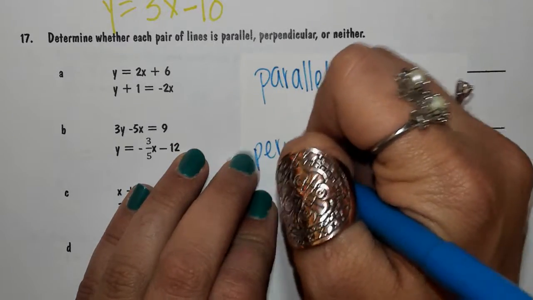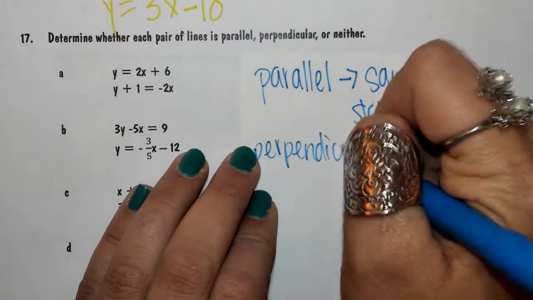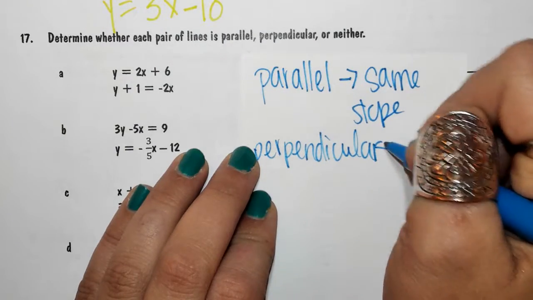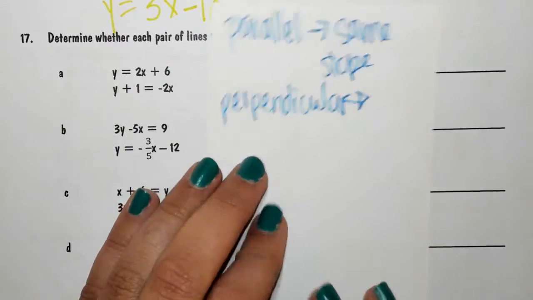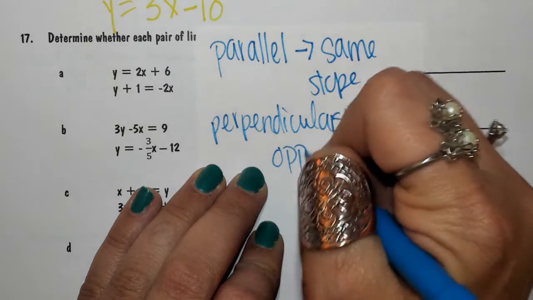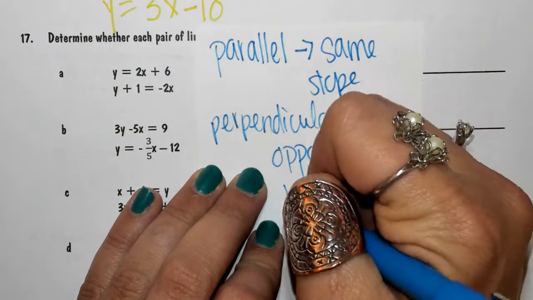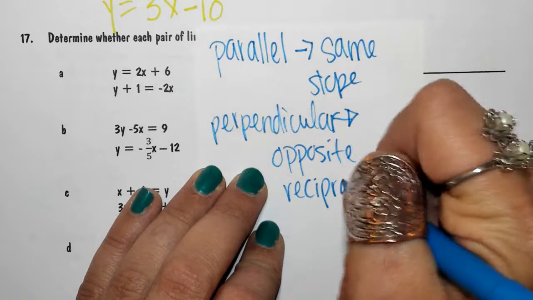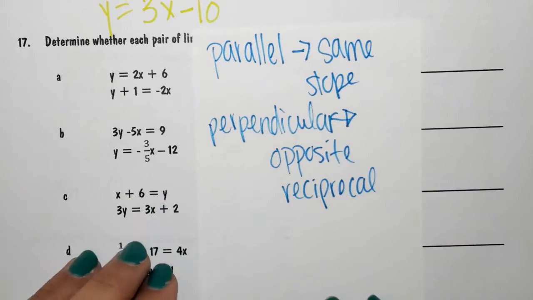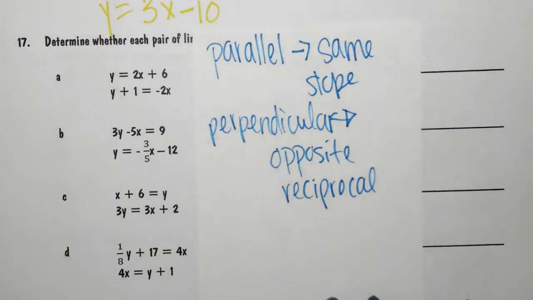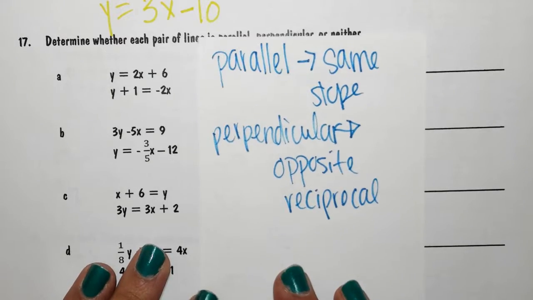Perpendicular, opposite what? Slope, reciprocal. Opposite reciprocal. So it's got to flip and be different signs, and neither, it doesn't match this.